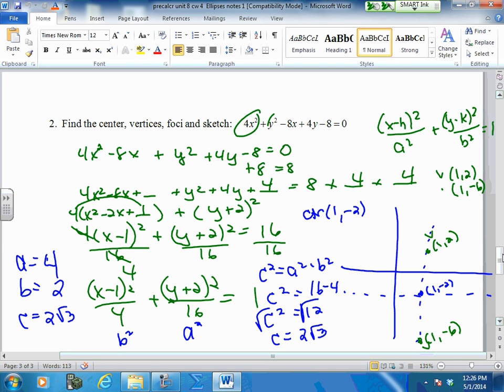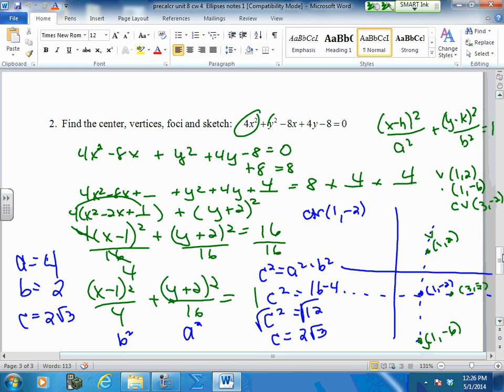Okay. My minor axis is my x-axis because I had the smaller number. I want to go 2 to the right, changing my x. 3, negative 2. What's this guy called? A co-vertex. Good.